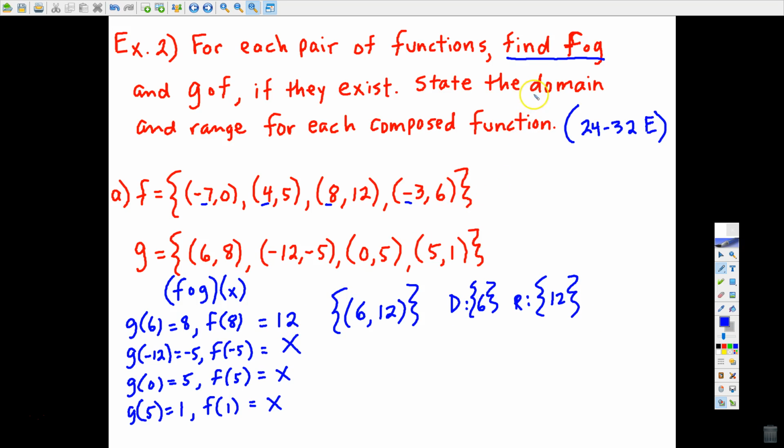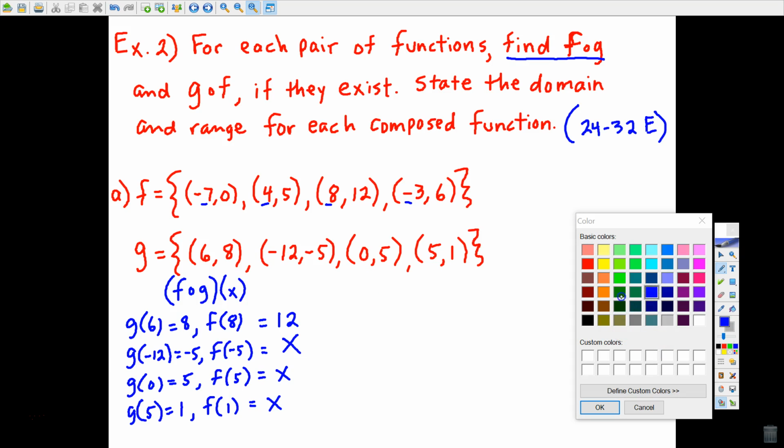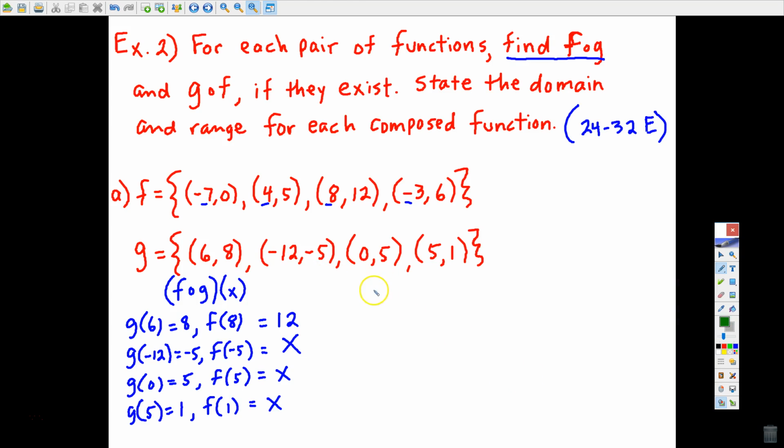Okay, so that's your final answer to f of g. And so now we're going to turn it around and evaluate the composed function g of f. Okay, so I'm just going to erase this since you have the answer. And maybe over here, I'll just change color. I'll do the g of f composite.